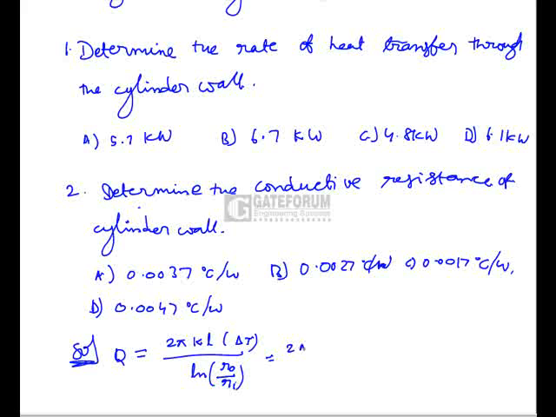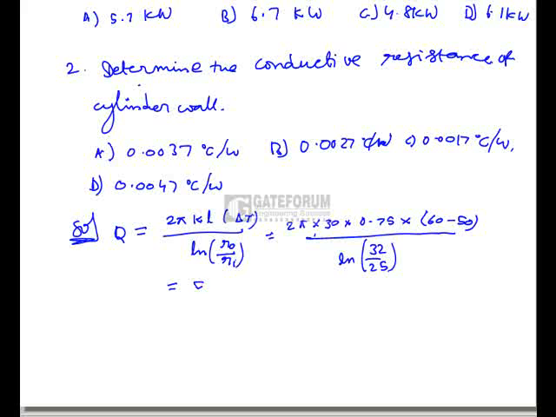Thermal conductivity is 30, length of the cylinder is 0.75 meter, and the change in temperature is 10 degrees centigrade, that is 60 minus 50, where the ratio of outer radius to inner radius is equal to outer diameter to inner diameter, that is 32 by 25, which gives a value of 5.7 kilowatts. Actually it gives 5727 watts, which is equal to 5.7 kilowatts.